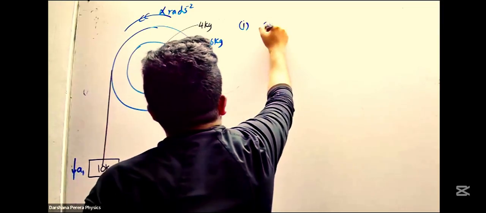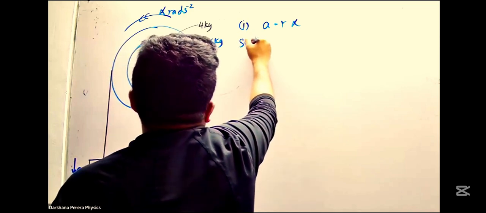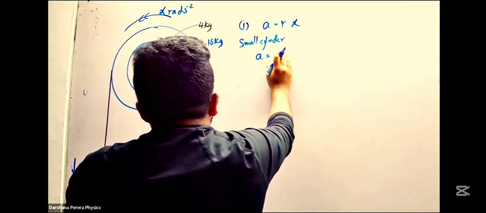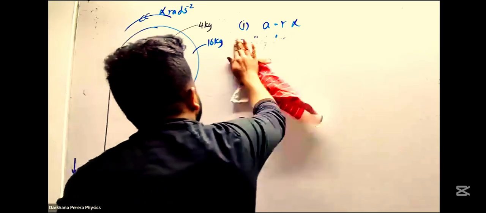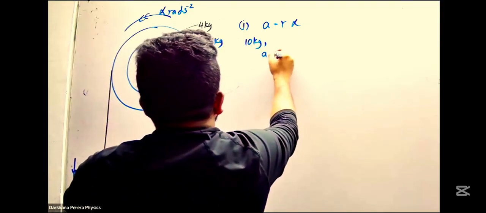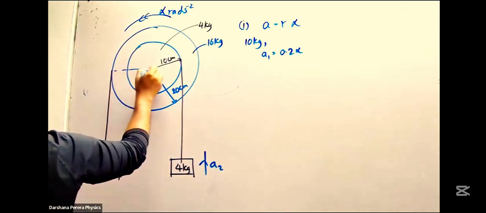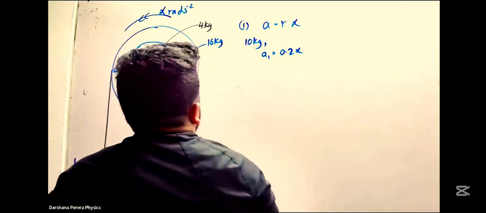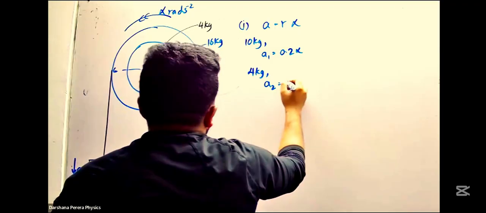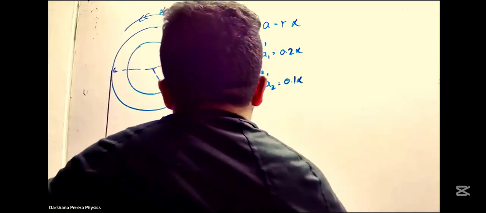Considering the 10 kilogram, a1 equals R, the radius 20 centimeter, that means 0.2 alpha. 0.2 means the radius in meters. Consider the 4 kilogram: a2 equals 0.1 alpha. Okay, I think that's easy.